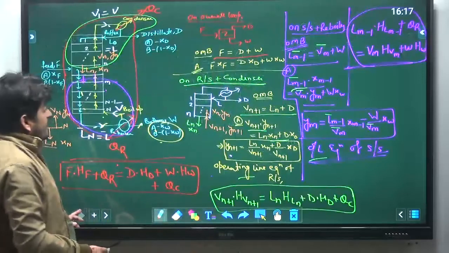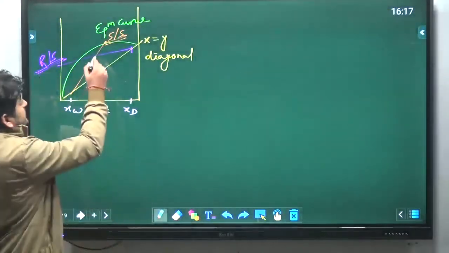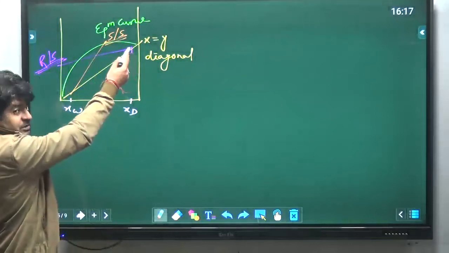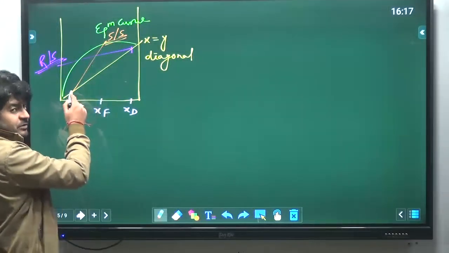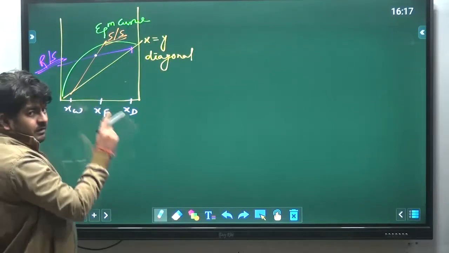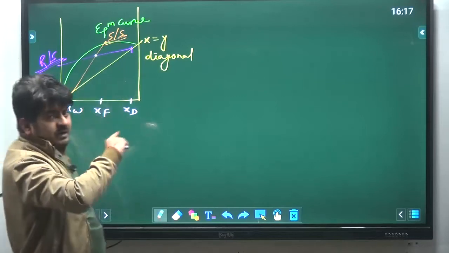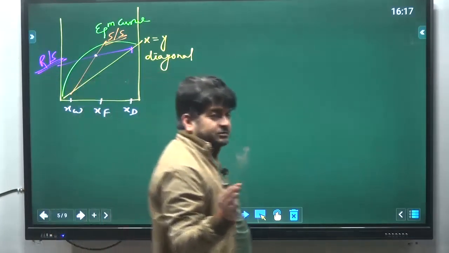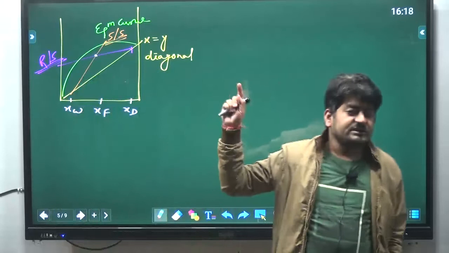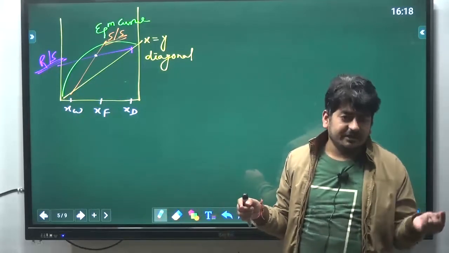Okay. So operating line equation of rectifying section, operating line equation of stripping section, they are intersecting at this point. So that means through this intersection point, feed plate must be related.